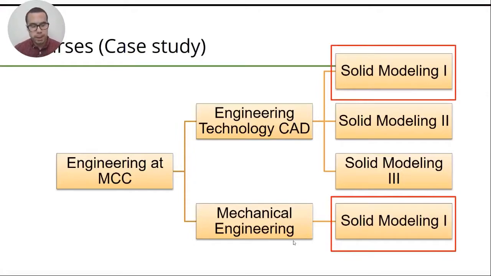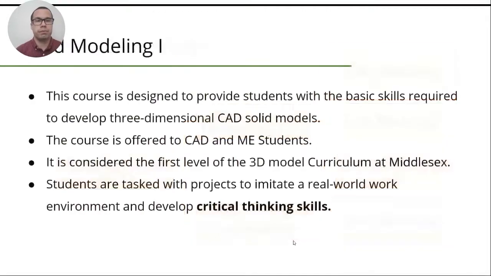And why is that? That is the basics of the whole SolidWorks teaching here at Middlesex, and it builds the foundation for what's coming, harder topics. Solid Modeling 1 is a course designed to provide the students with the basic skills required to develop three-dimensional CAD solid models.